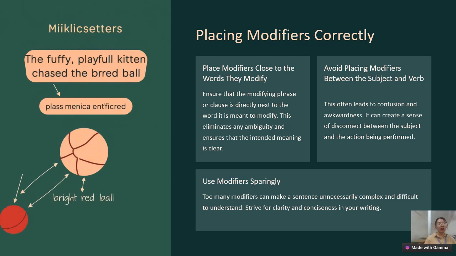The next is to improve precision, because strong, specific words often eliminate the need for modifiers. These three are the reasons why we need to use modifiers sparingly.